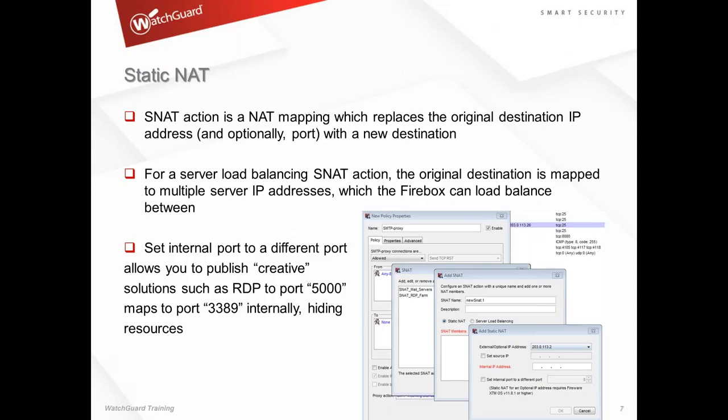Now we also have a static NAT entry. A static NAT, or SNAT, is a network address translation mapping which replaces the original destination IP address and optionally port with a new destination. So again, as we compare WatchGuard to some of our competitors out there, where you need to go through a wizard to create a static NAT rule that takes you through maybe 20 different screens.